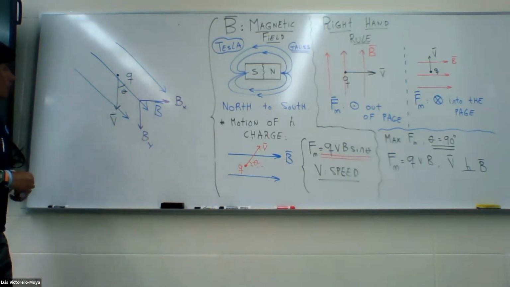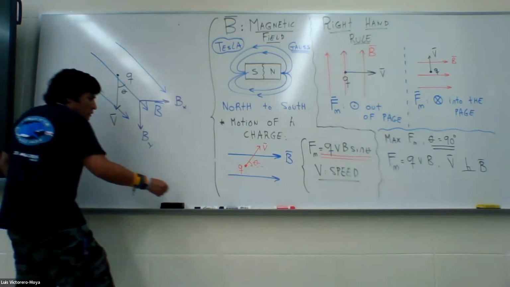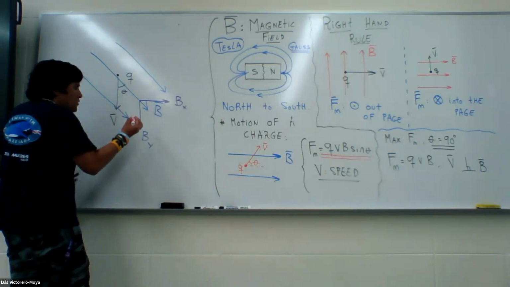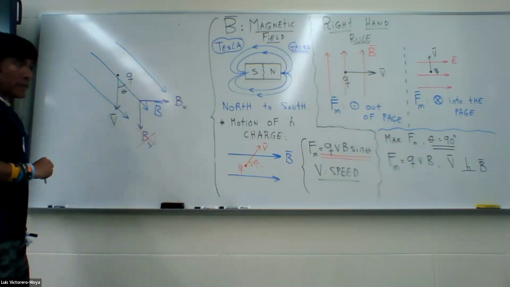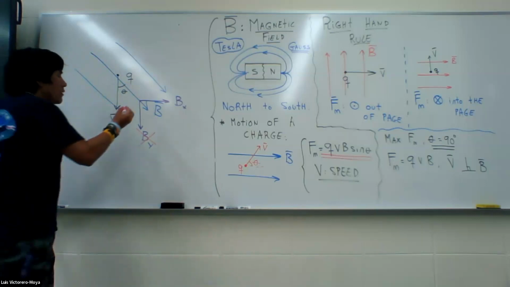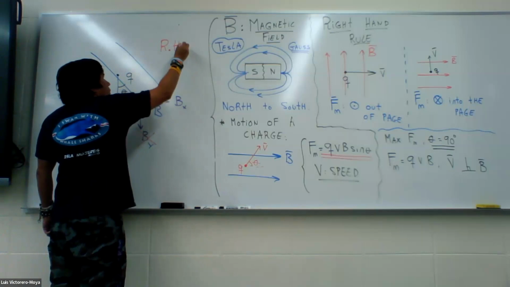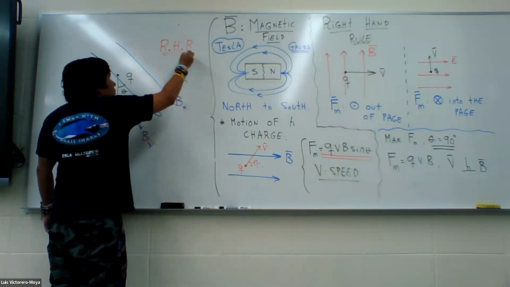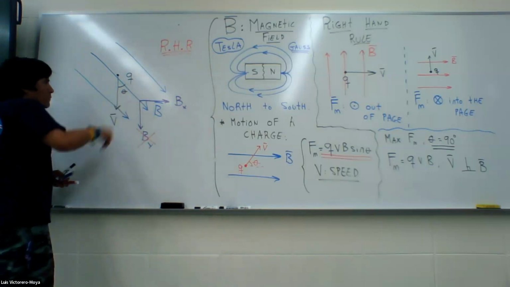Now, this one is parallel to V. So we disregard this one for the direction, for the right-hand rule. But then we use Vx, which is going to the right.